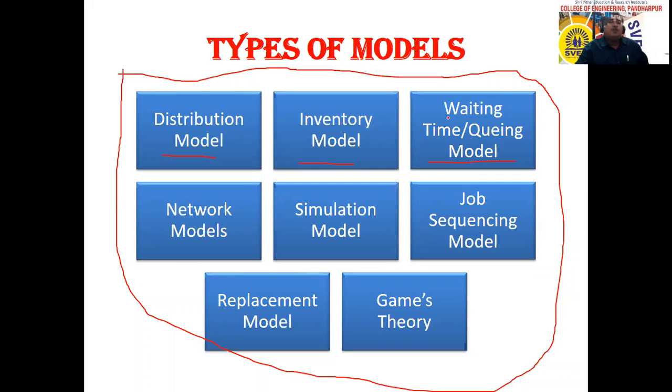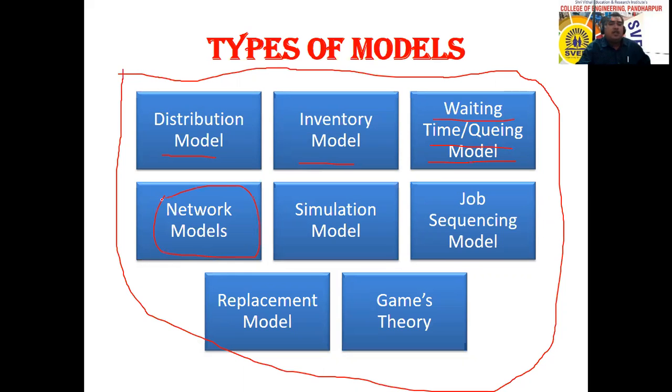Most of the time this waiting time or queuing model is used at railway stations for ticket booking, banks where the queue is there, airports. Where a queue is required or a queue is there, at that particular location this queuing model or waiting time model is used. Network problem.